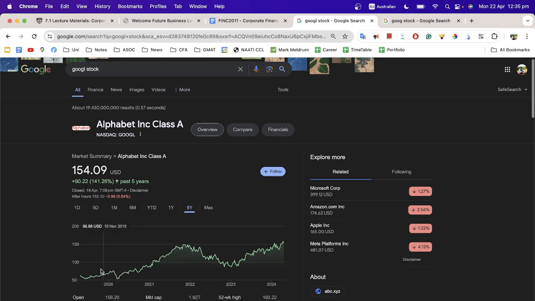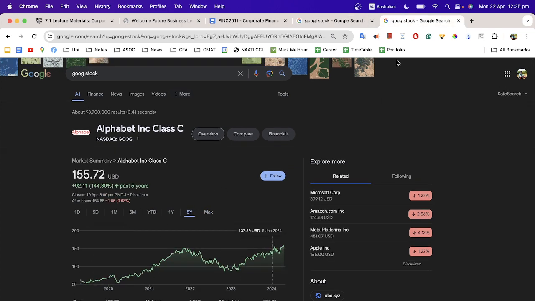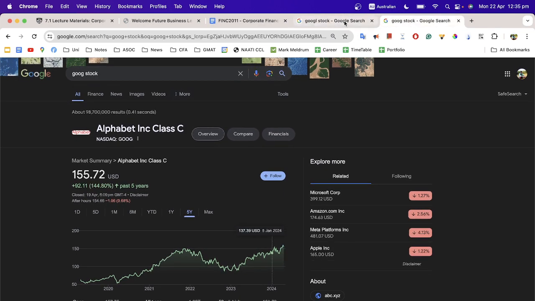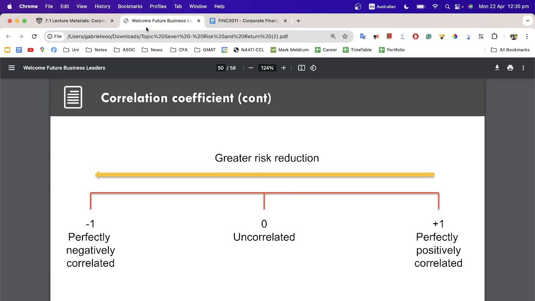Okay, so you can see moving up like this, this is almost the exact same chart. If I move between these two, this is almost the exact same chart. This shows that the correlation between Alphabet Class A stock and Alphabet Class C stock is basically the same. Okay, there is basically no diversification benefit if you add more Class A versus Class C stock.